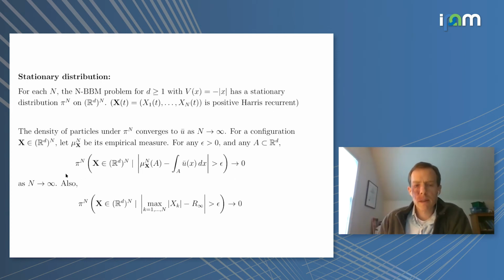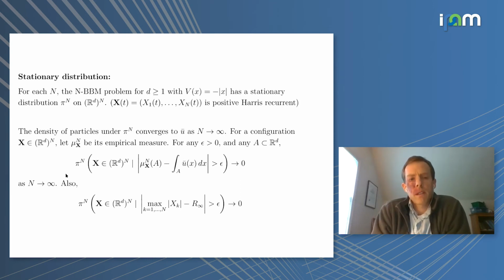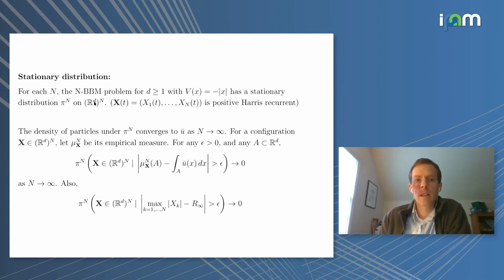All right, so let's go back to the particle system. For finite n, we're talking about a process in R^d, and the distribution of the configuration at time t is a probability distribution on (R^d)^n.